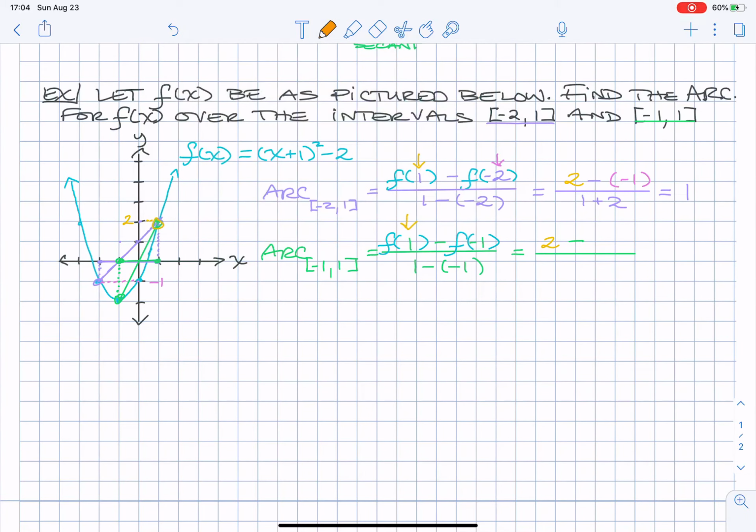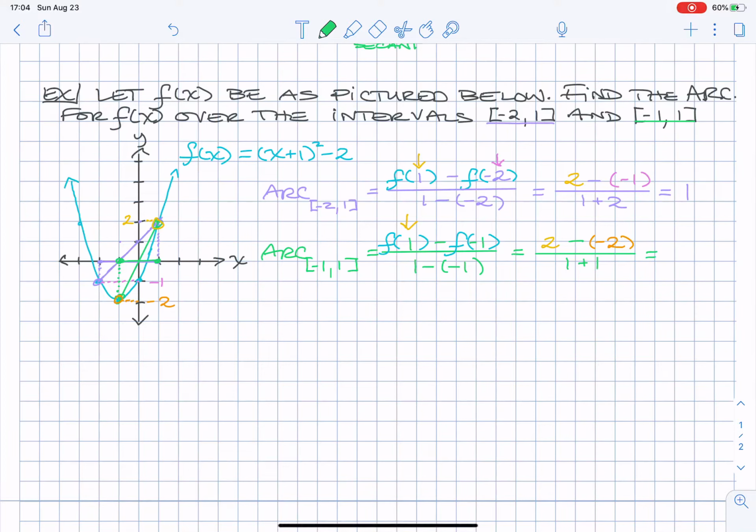Orange. So let's look at the value for the function when x is -1. It looks like it's -2. And in the denominator, we have 1 minus a negative, so that becomes 1 plus 1.